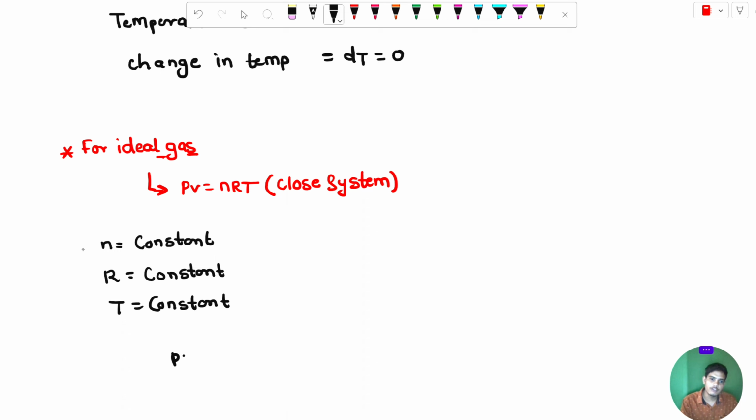Now the value of PV is constant because all three terms, n, R and T, are constant. In place of PV constant we also write P1 V1 is equal to P2 V2.